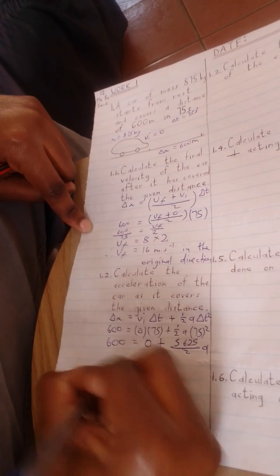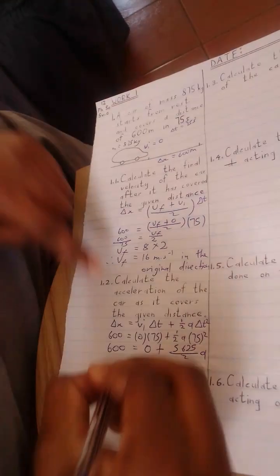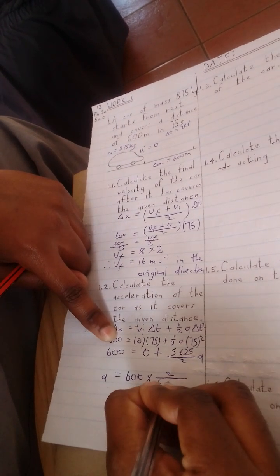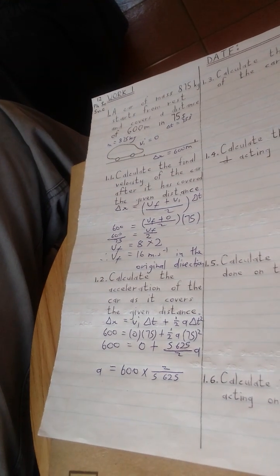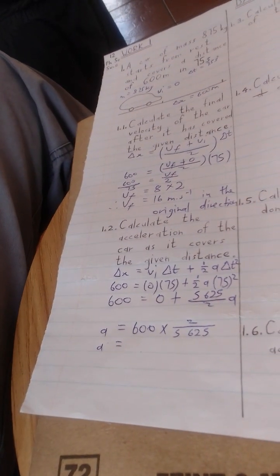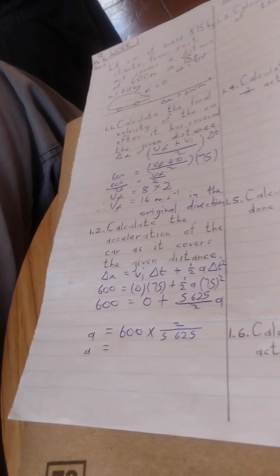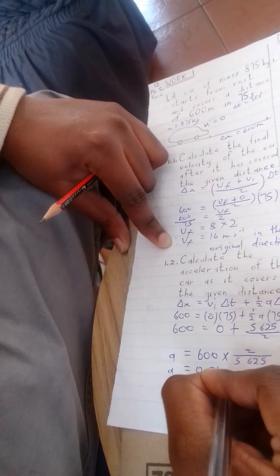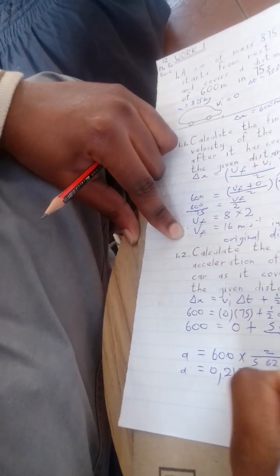So a is 600 times the reciprocal, 2 over 5625, which is 16 over 75, which is 0.21 meters per second squared.